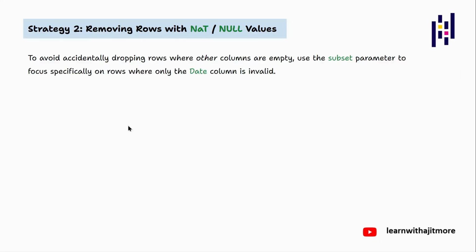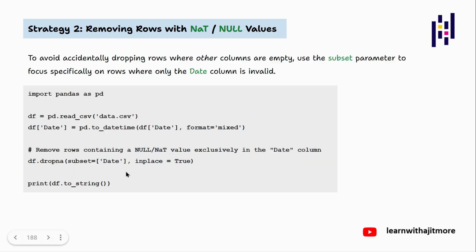So as I said, specify that specific column. Okay, see here. After converting the date column to the datetime format, you still have one row in which NaT is there. So how can you do it? Use dropna only, df.dropna, but use this subset parameter and pass the column name.